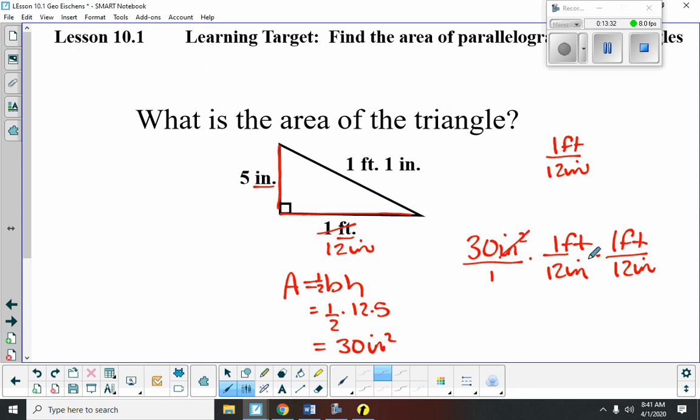So the inches will cancel, and we're left with 30 feet squared divided by 144, and that's not a very nice number. That's going to be a decimal. 30 divided by 144, which is 0.2. So it's 2/10 square feet. So actually, this is probably better in 30 inches squared.